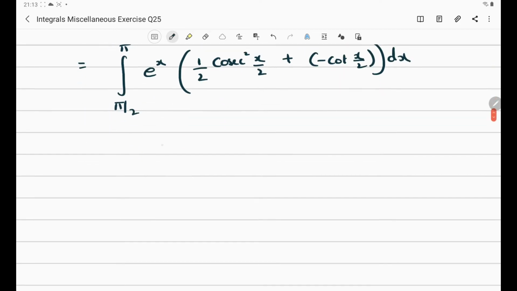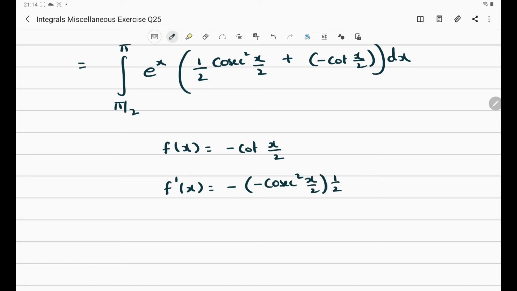So let us take f of x equal to minus cot x by 2, and we get f dash of x as minus of the derivative of cot x by 2, which is minus cosecant square x by 2 into the derivative of x by 2, which is half. So this is equal to half cosecant square x by 2.